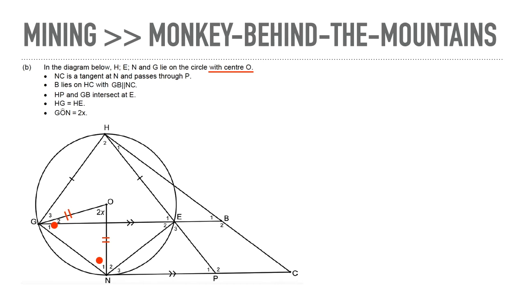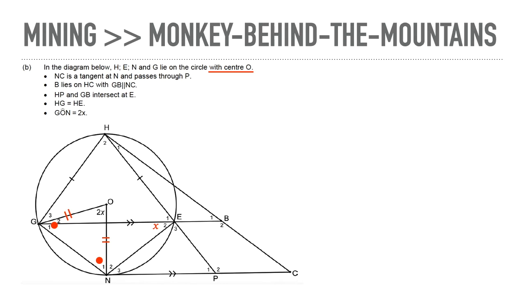Then I look at theorem 2, which says the angle at the center, so angle O, is twice angle E2. Again, for those of you that haven't done Euclidean geometry yet, just stick with me. You'll do this theory a bit later on this year.